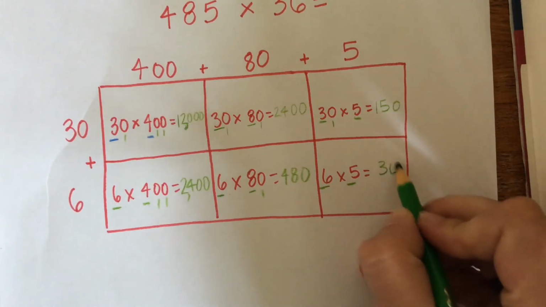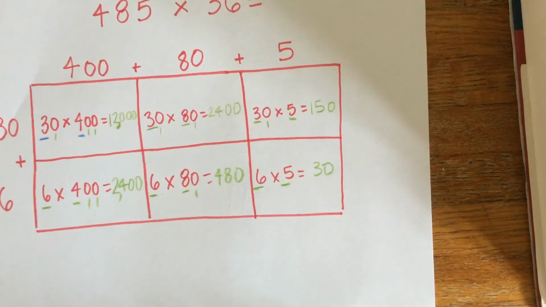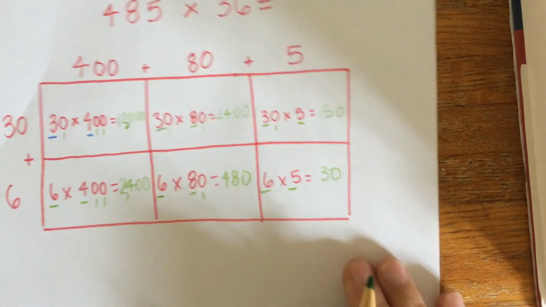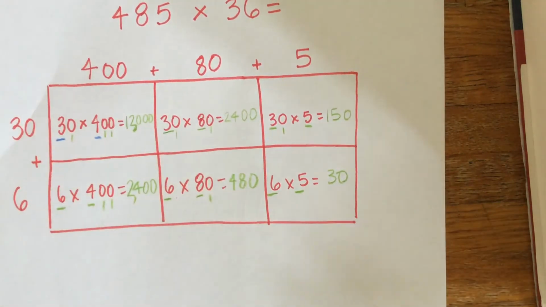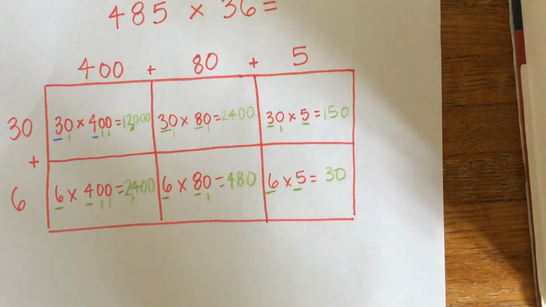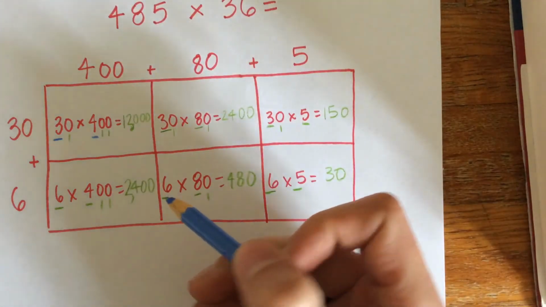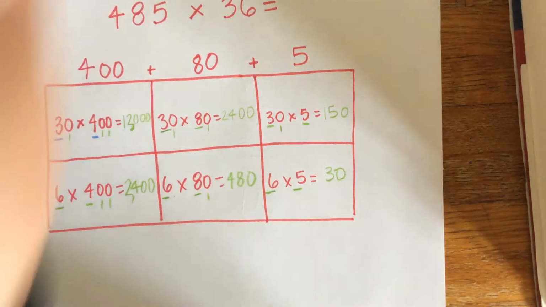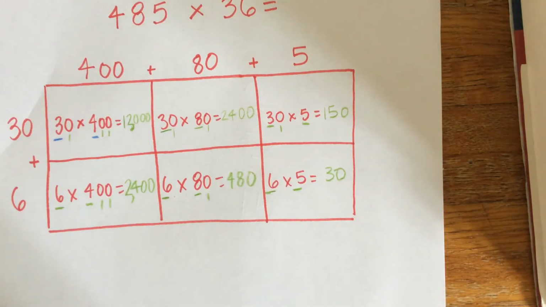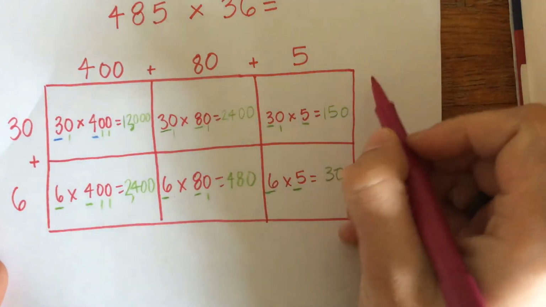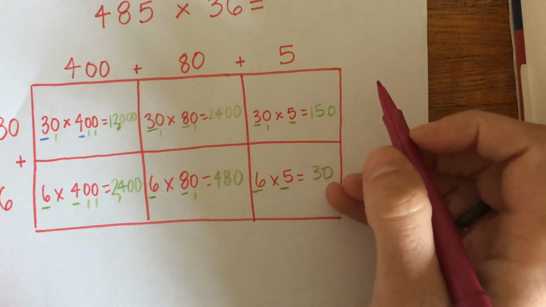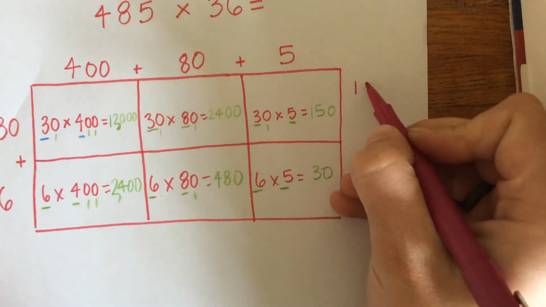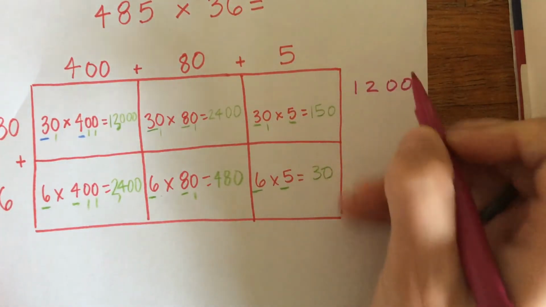Okie dokie. So I'm actually going to slide this over so I can use this little space over here to add up my partial products. And I always start with the biggest number. I'm going to use a different color over here. It's not that different, but hey. I'm going to always start with the biggest, not number, but the number with the most digits. And so I'm going to do 1200 here.